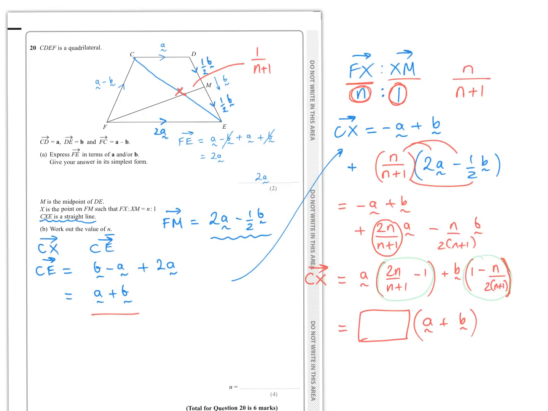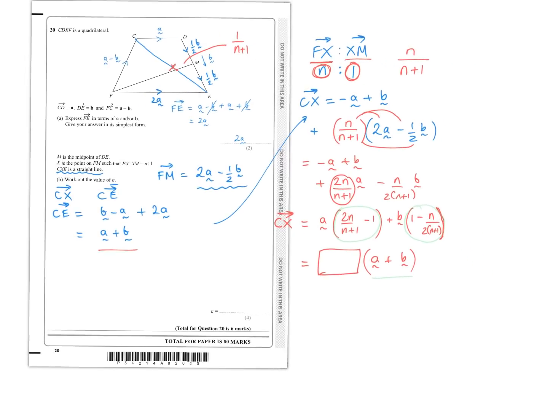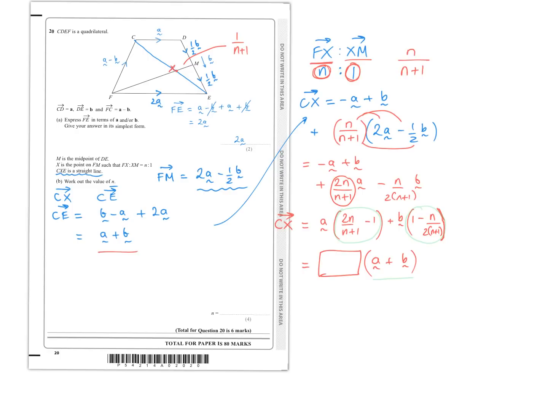Say it was 6, for example, then you could take a 6 out from the a and a 6 out from the b, and you'd get a multiple of a plus b, which is exactly what you want. So for that to happen, all we've got to do is put the two coefficients of a and b equal to each other, i.e. this has to be equal to this.